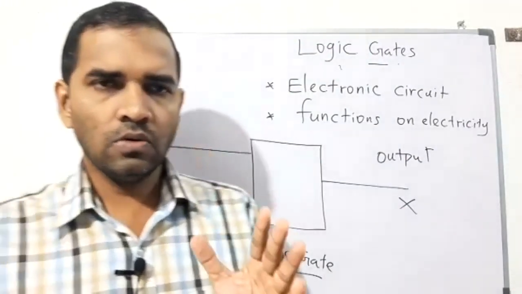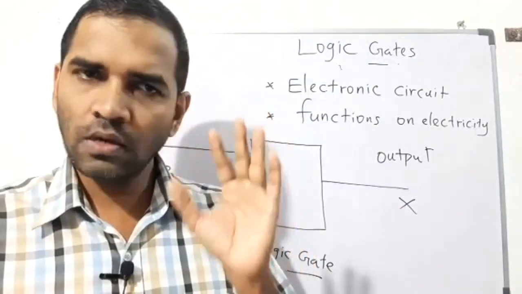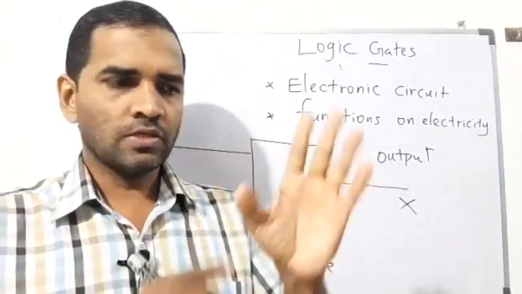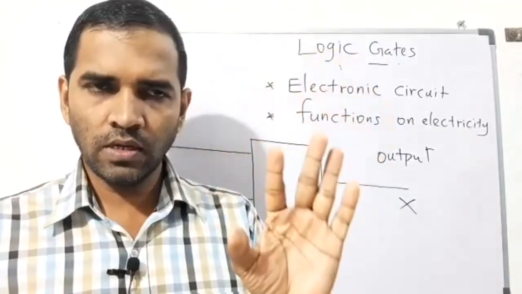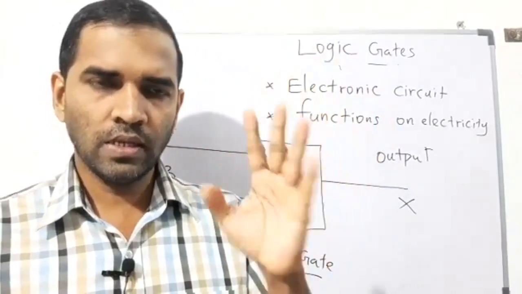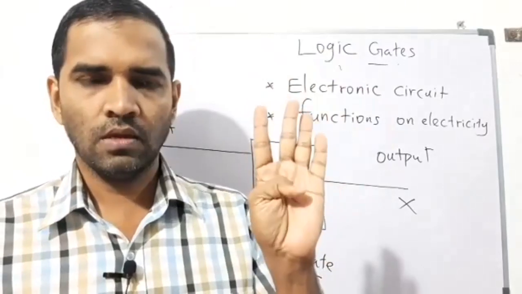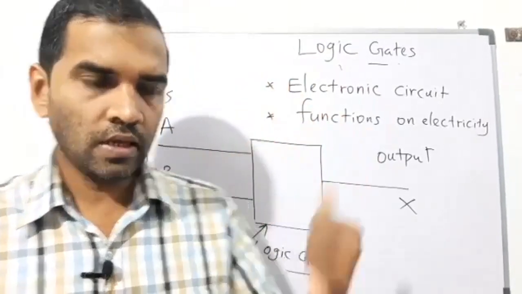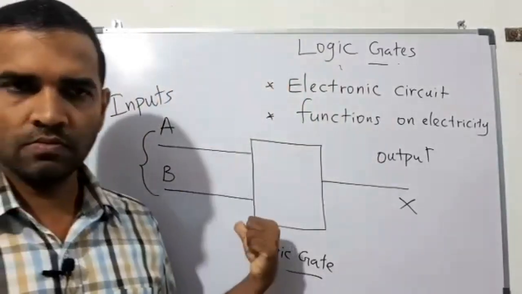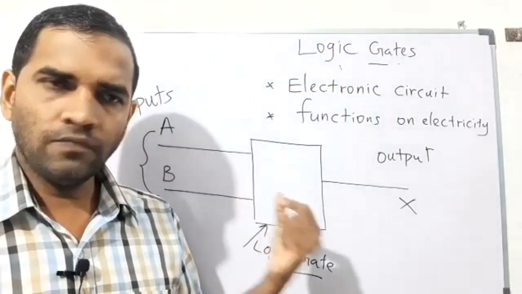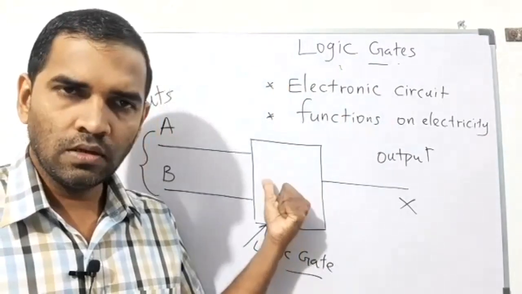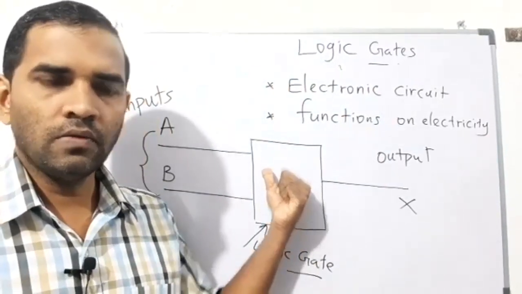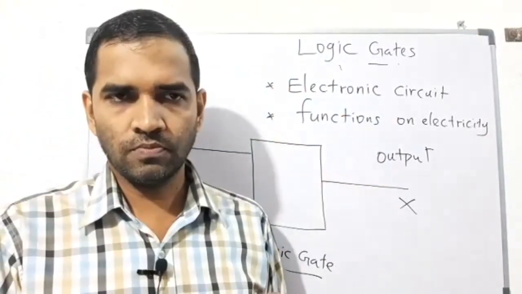So up to now, you should have some idea. Let me recall again what I explained. First of all, a logic gate is an electronic circuit. Since it is an electronic circuit, it needs electricity as inputs. And after performing a unique function, the logic gate will provide the output.